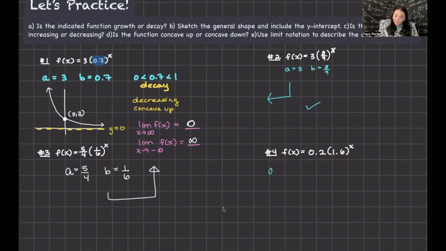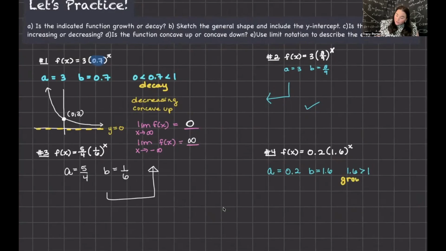We're going to say here that A is 0.2. So that's your initial value or your y-intercept. B is 1.6, and 1.6 is greater than 1. So we now know this is exponential growth, which means that it's going to always be increasing.